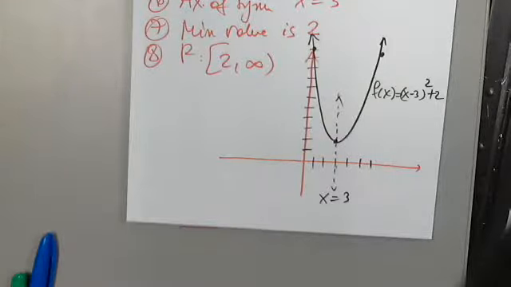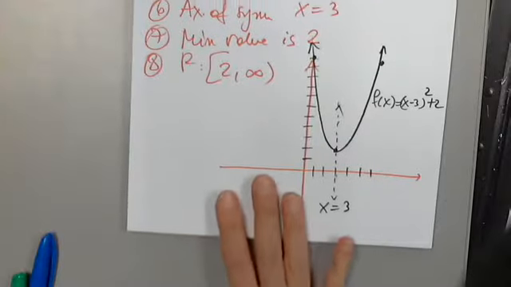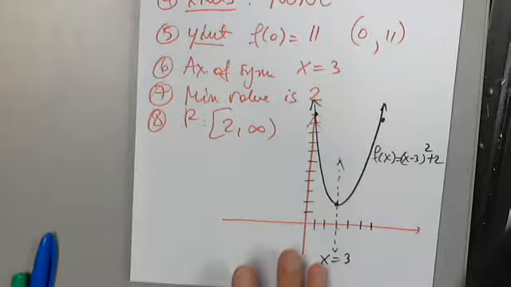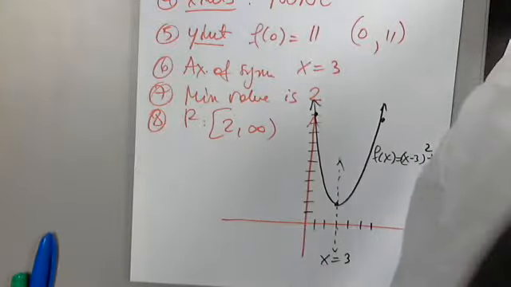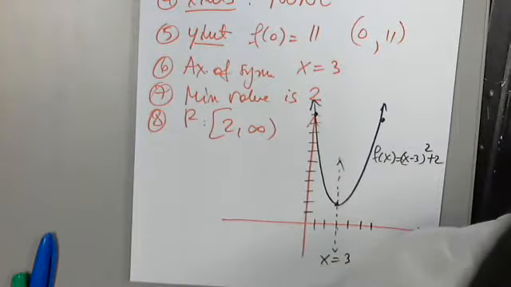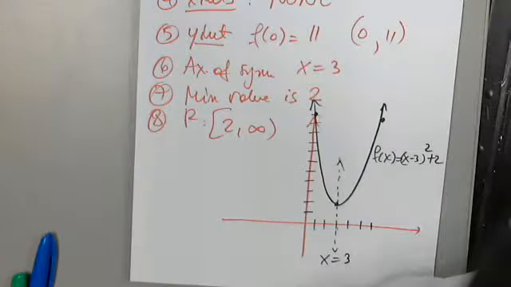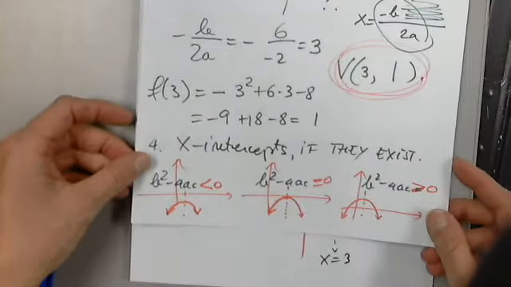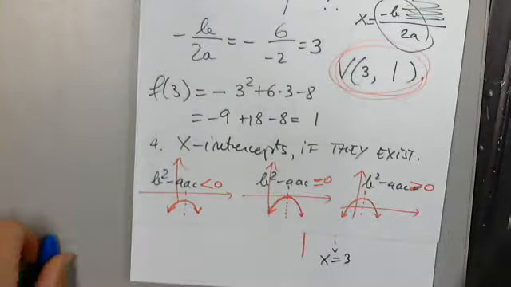Yes, please. Jade? What do you mean by this when you're asking for the discriminant? Okay, so a few minutes ago we looked at these situations. So for a min or a max, it doesn't matter.